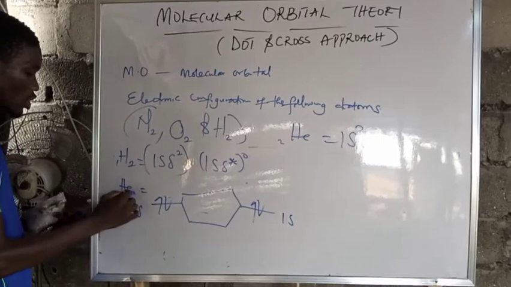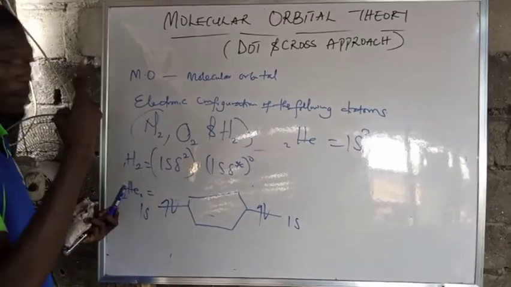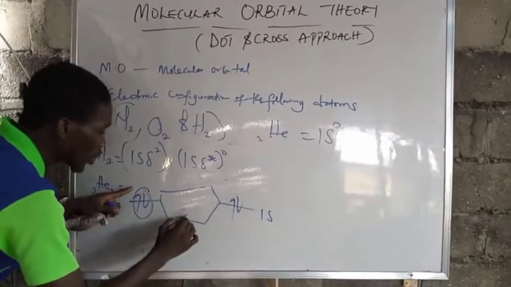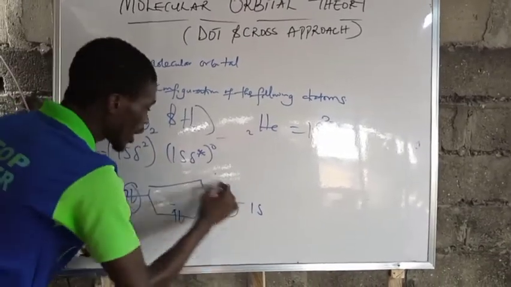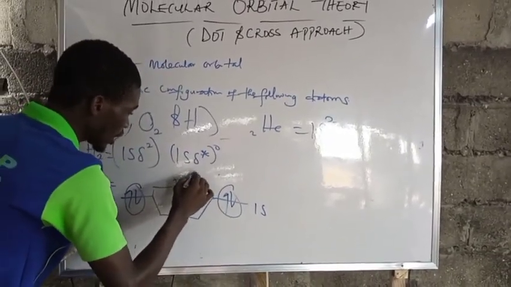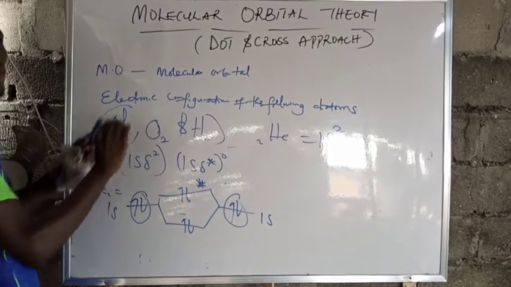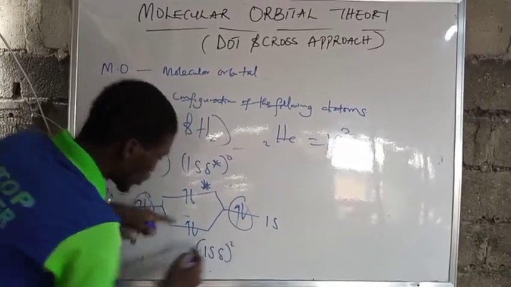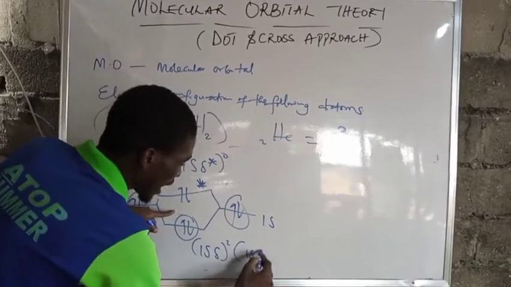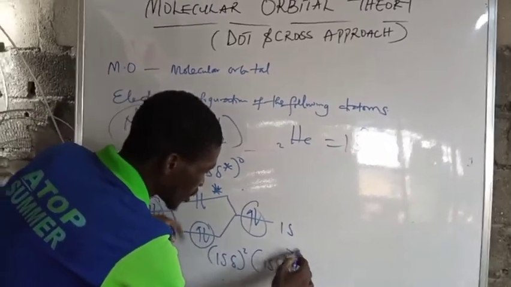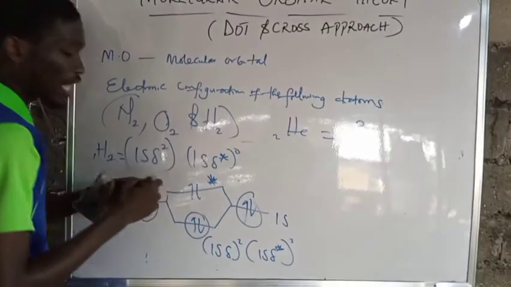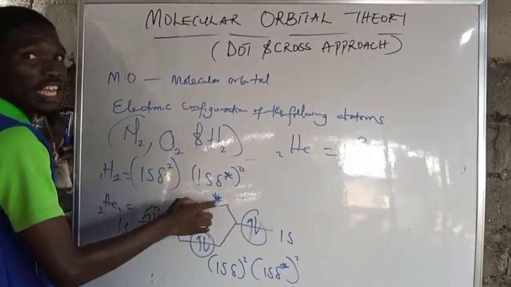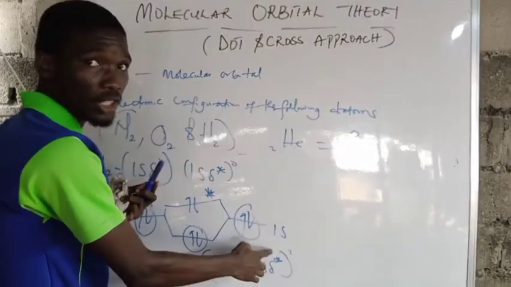That is, helium appears twice, so these 2 here will come here, while these ones here will move to the antibonding. So if you want to show the bond order, I have 1s sigma 2, which is this, then 1s sigma asterisk 2, which is this, and don't forget this asterisk here stands for antibonding.